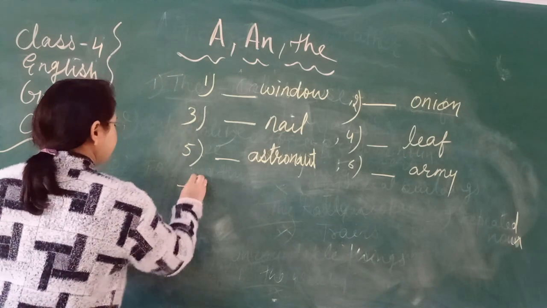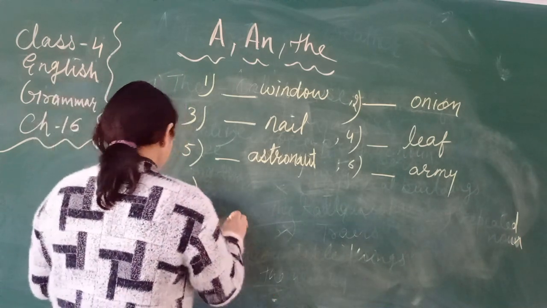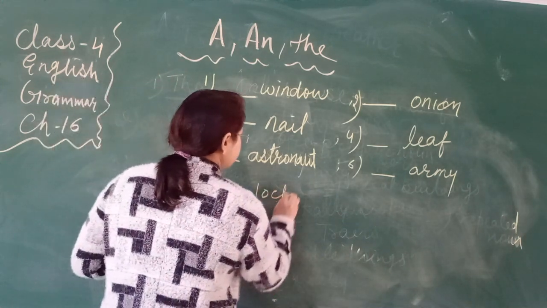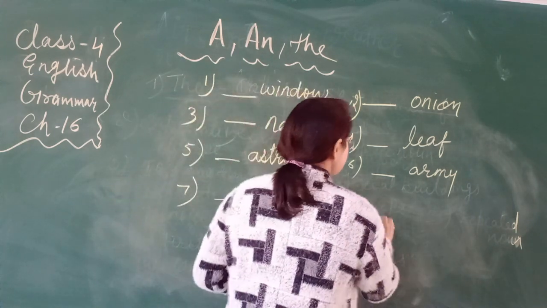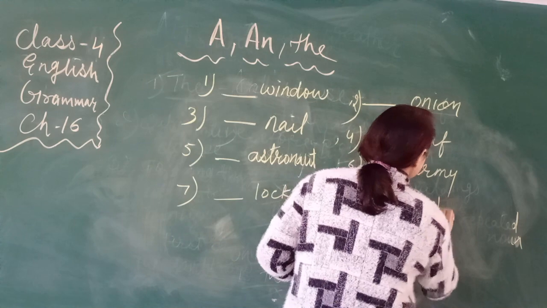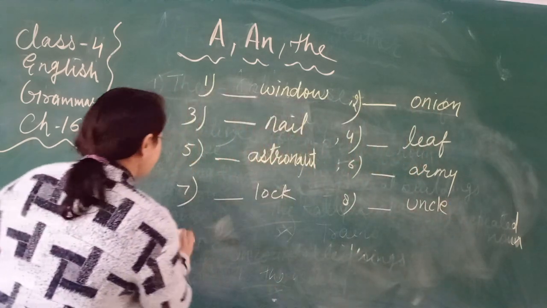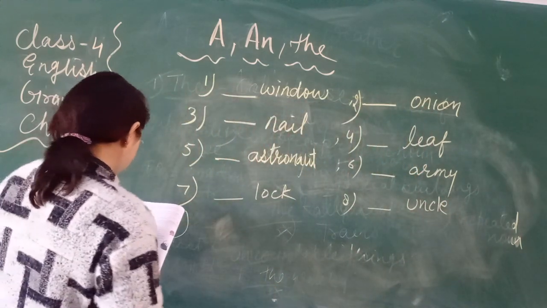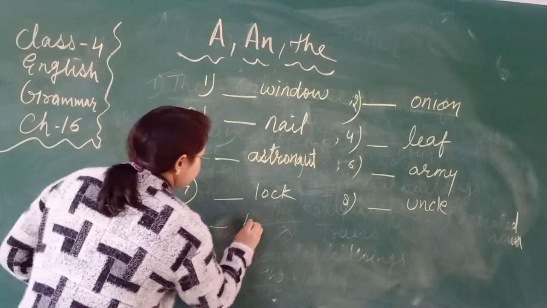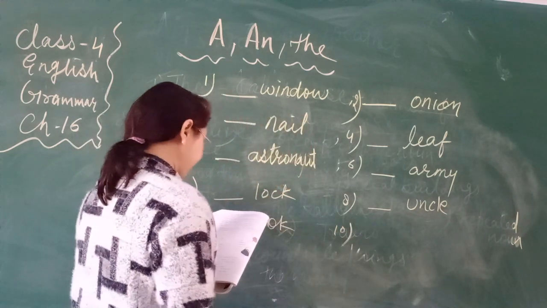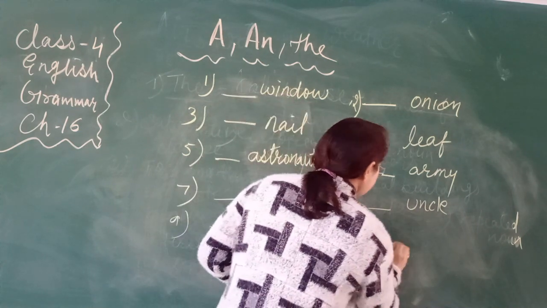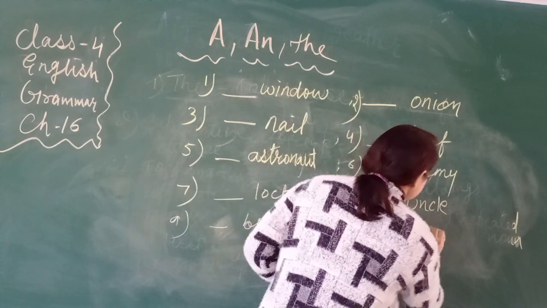Next 7, it is lock. 8, it is uncle. 9, it is book. And 10, it is useless book.